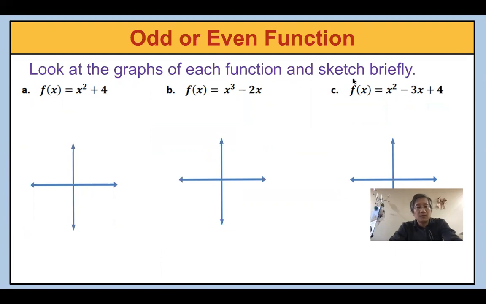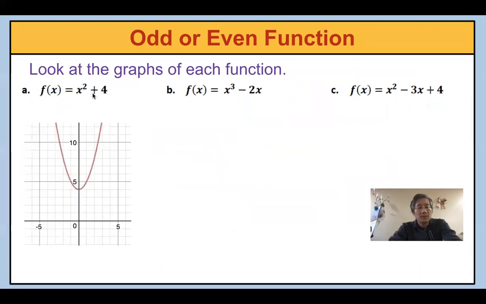So you know how to put these functions in the calculator, right? So can you try now and look at the function? Okay. So x squared plus 4. If you put it into the calculator and draw the graph, it will be like this. Then what do you see?